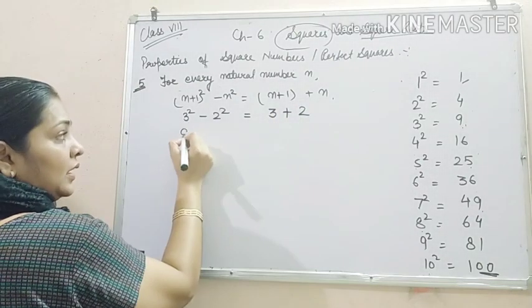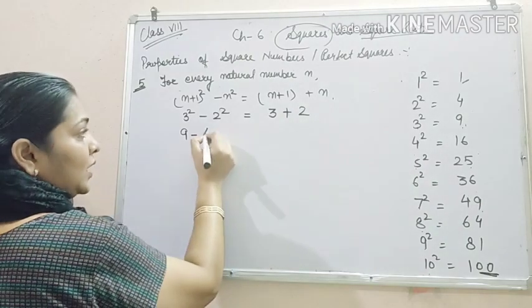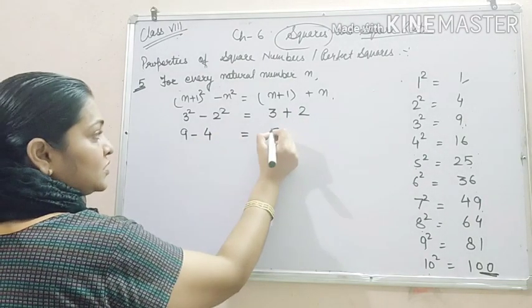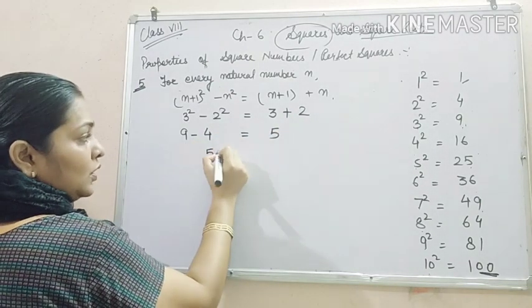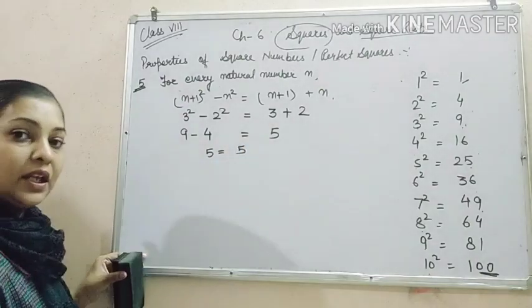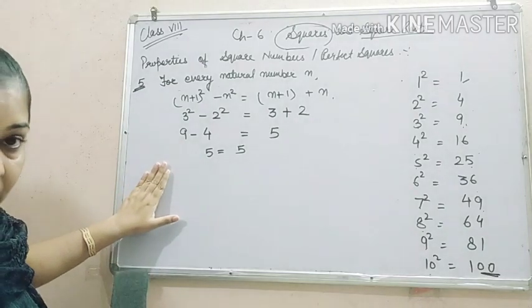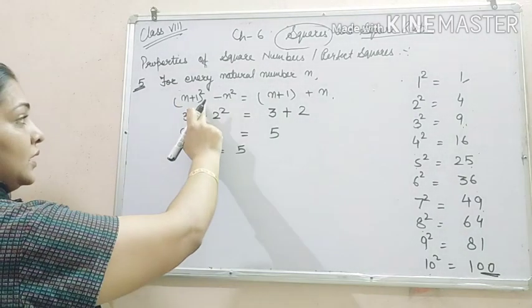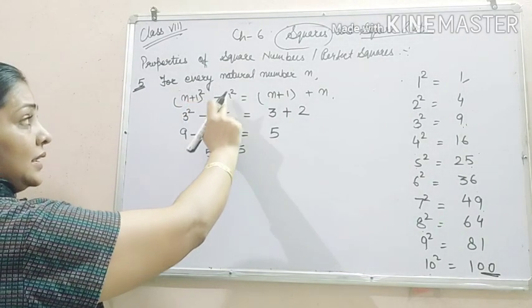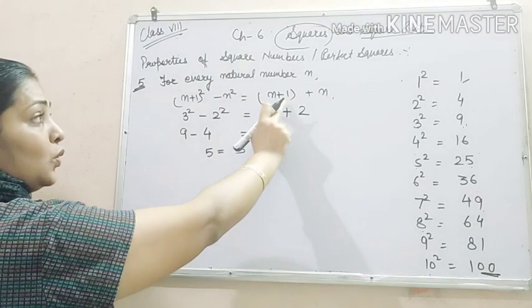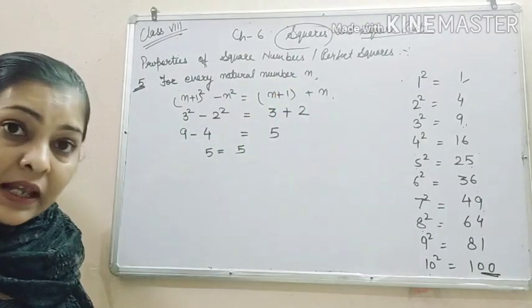3 square is 9, 2 square is 4, 3 plus 2 is 5, 9 minus 4 is 5. 5 is equal to 5. So this proves our formula that (n plus 1) square minus n square is equal to n plus 1 plus n.